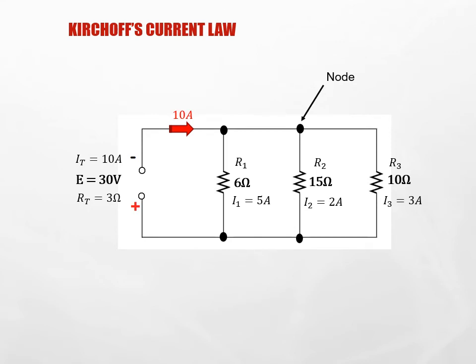So we have a total of 10 amps, and it's going to come into the very first node. According to Ohm's law, that first branch will require 5 amps. So 10 amps will come into the node, 5 amps will leave and go through R1, which will leave a remainder of 5 amps to keep moving along to the rest of the circuit.